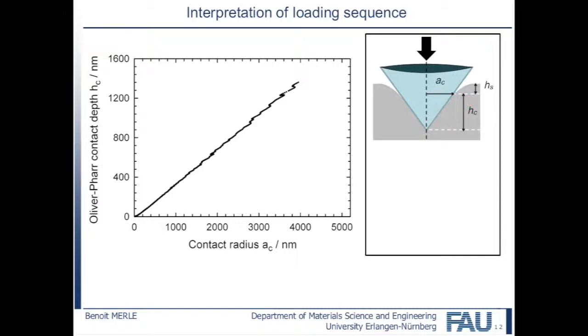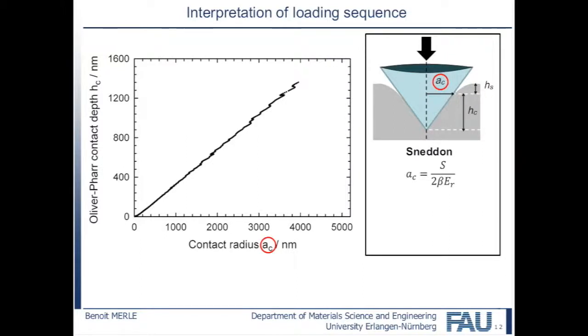The contact radius, AC, is readily calculated by the Sneddon equation, and it is what we have been plotting as the x-coordinate on our plot. And the contact depth, HC, is given as the difference between the overall indentation depth or displacement into surface and the sinking of the surface around the indenter, HS.